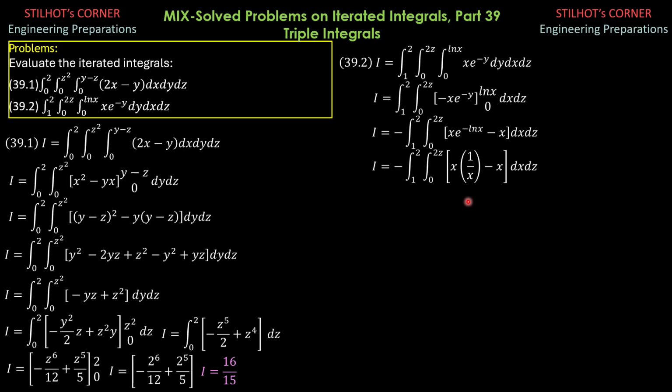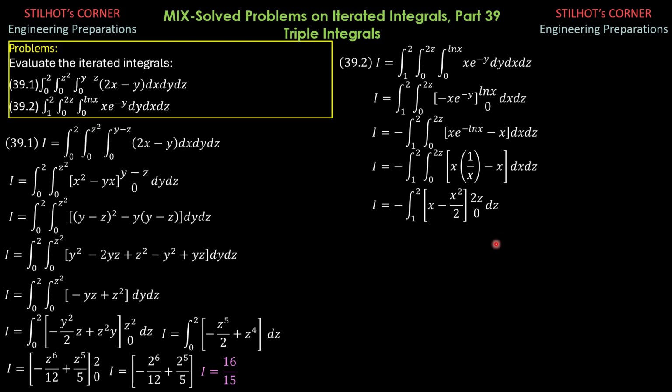So that simplifies to negative integral 1 to 2 of, because this is 1, the integral of 1 dx is x, then the integral of negative x dx is negative x squared over 2, 0 to 2z dz.